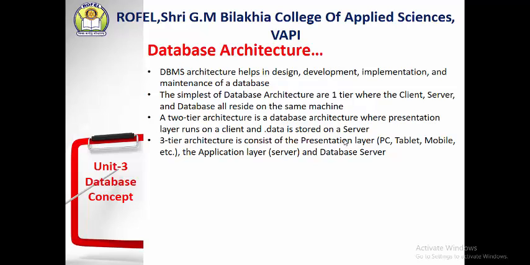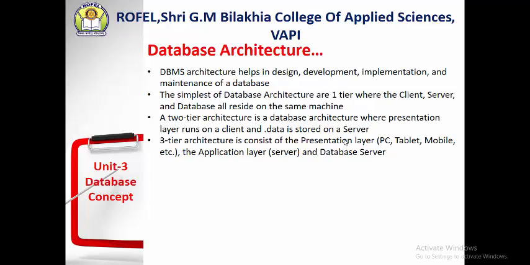But in the two-tier architecture, the presentation layer runs on the client and the data is stored on the server. Same way, the three-tier architecture consists of three layers: the presentation layer, which contains PC, tablet, mobile, etc., the application layer, that is the server, and the database server. So there are three different architectures.